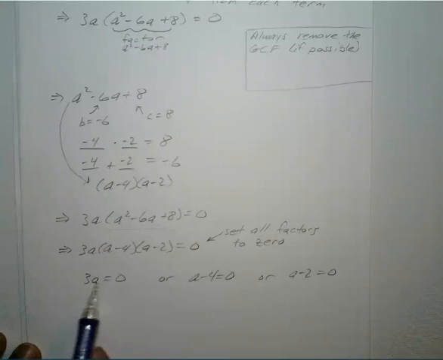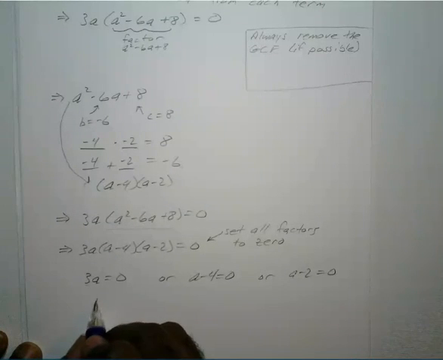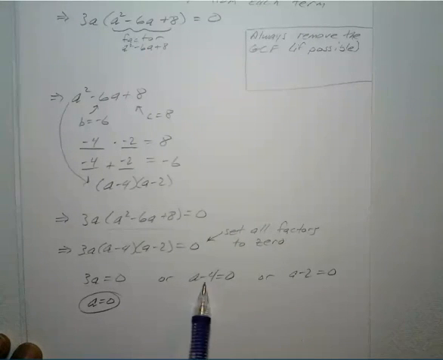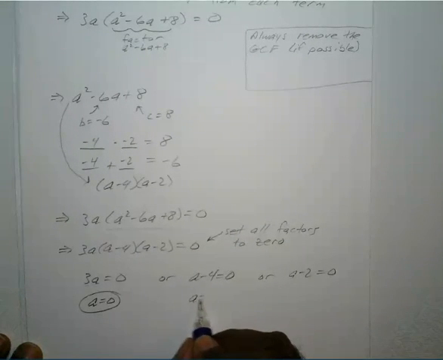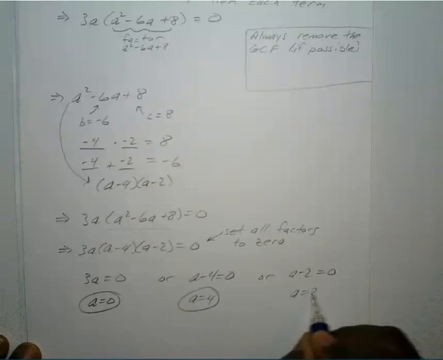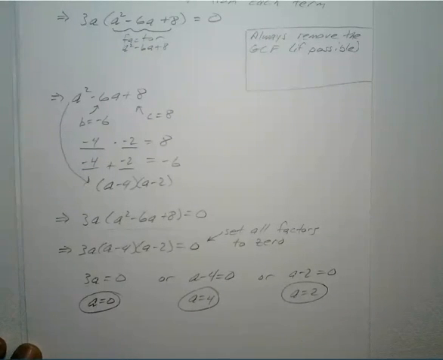Okay, so for this one, we divide both sides by 3. We end up with a equals 0 over 3, or a equals 0. For this one, if we add 4 to both sides, we end up with a equals 4. And for this one, if we add 2 to both sides, we end up with a equals 2.